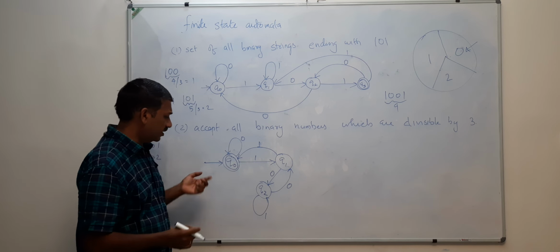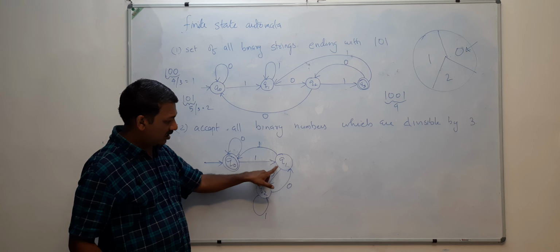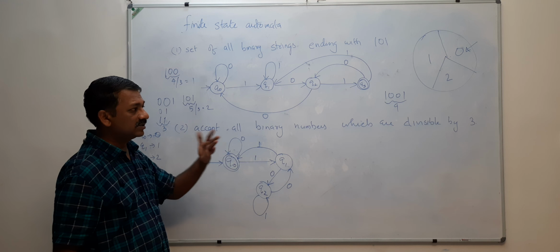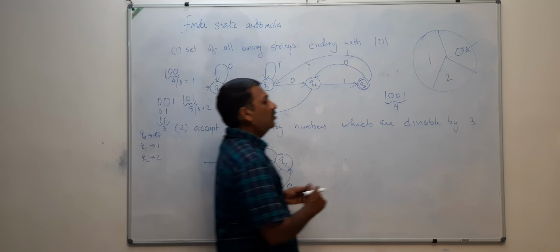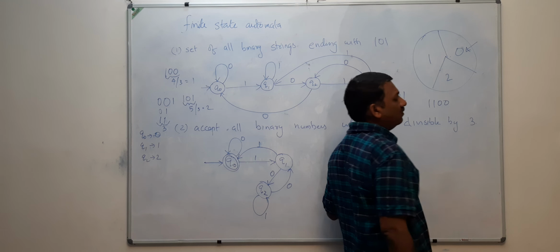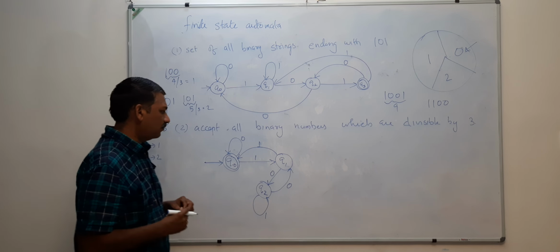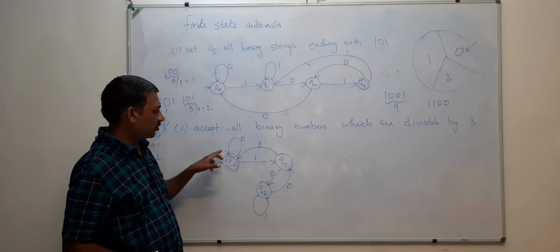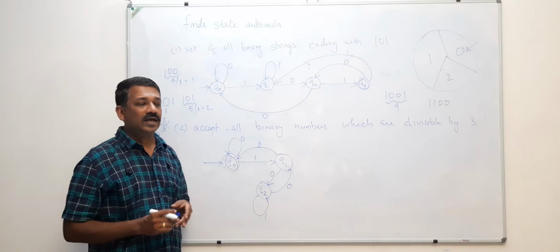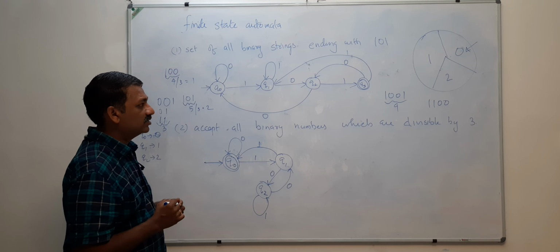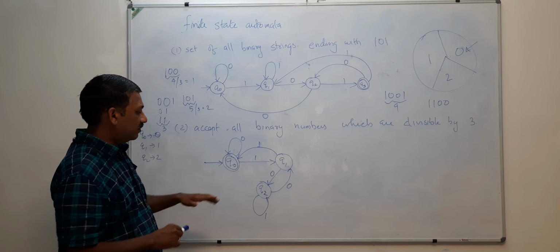From the start state, 1001 can be accepted, since 9 is divisible by 3. Now 1100. That means 8 plus 4, that is 12. It is divisible by 3. Okay. That means all binary numbers which are divisible by 3 can be accepted by this finite automaton.